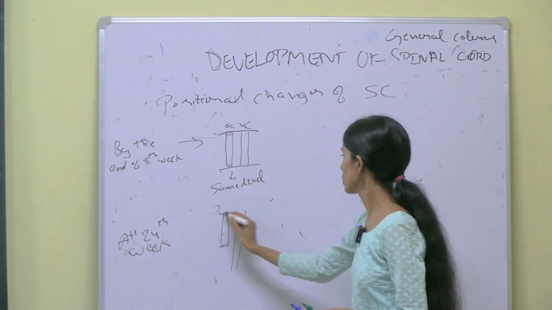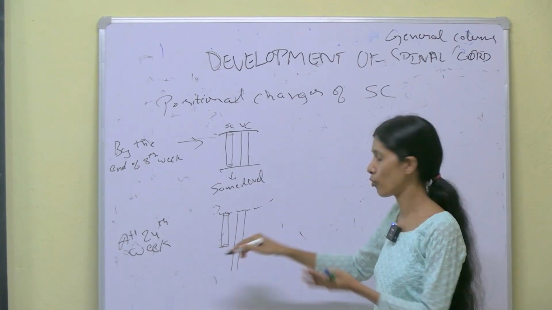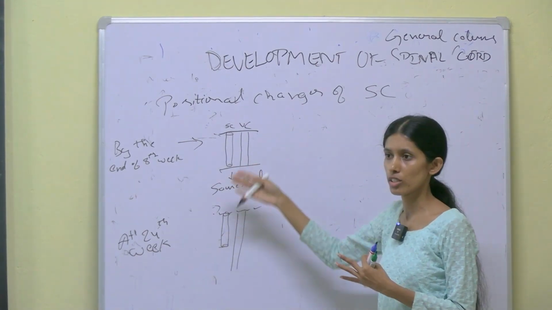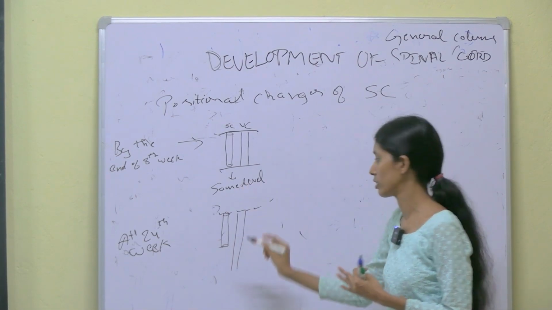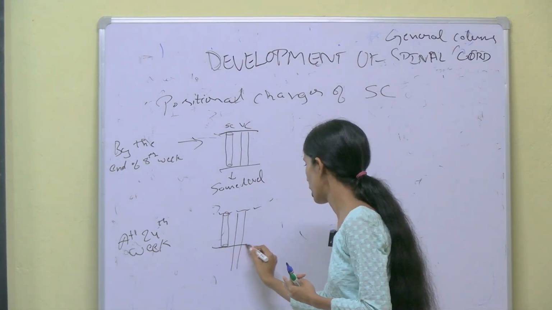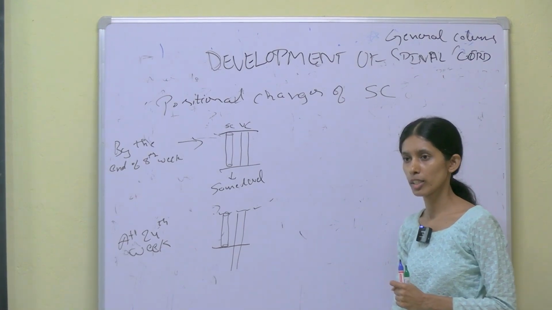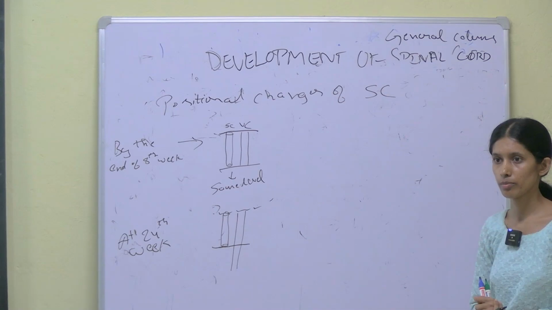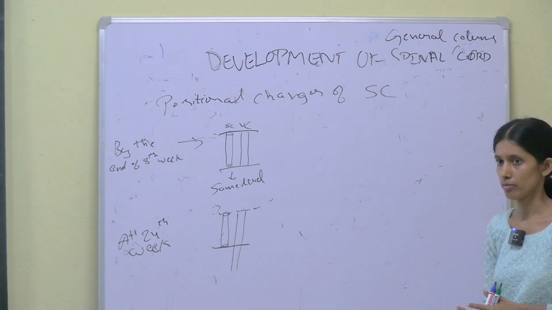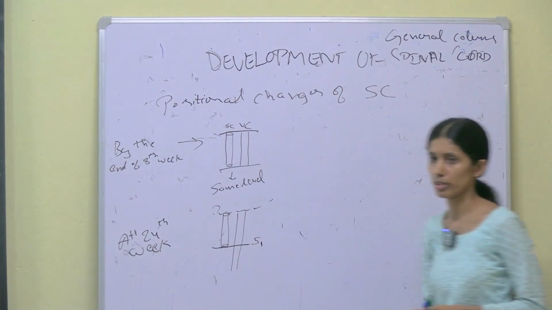Here the upper part will be at the same level, only we can see changes in the lower part or at the caudal end of your spinal cord. Remember this point. It can be seen at the level of which vertebrae? It can be seen at the level of S1 vertebrae.